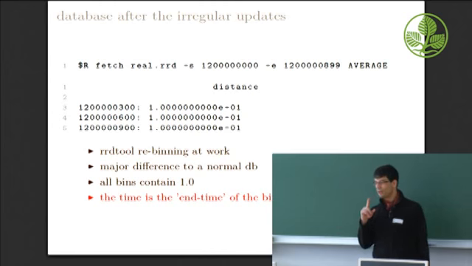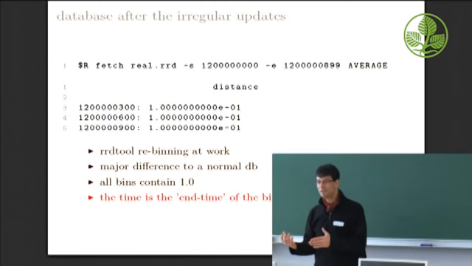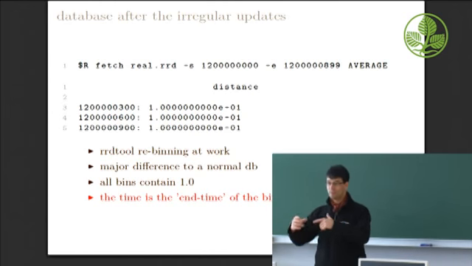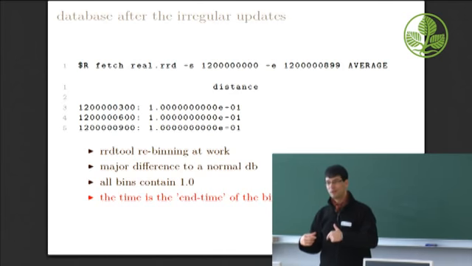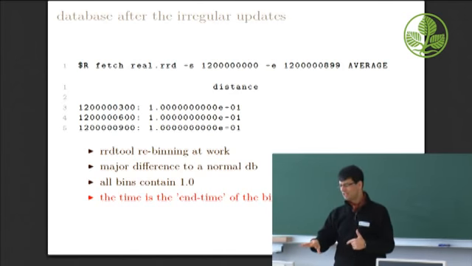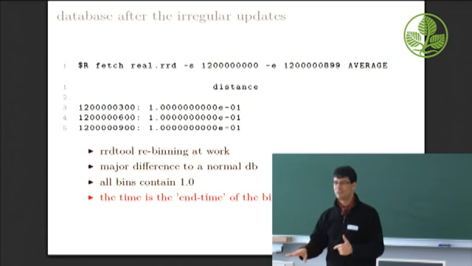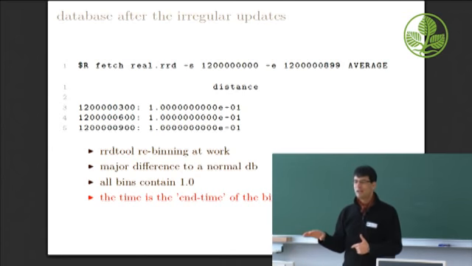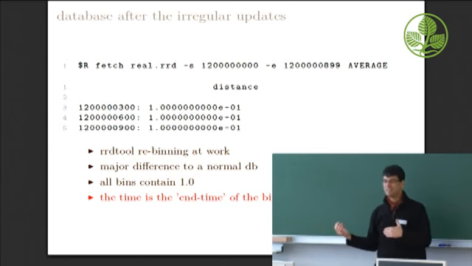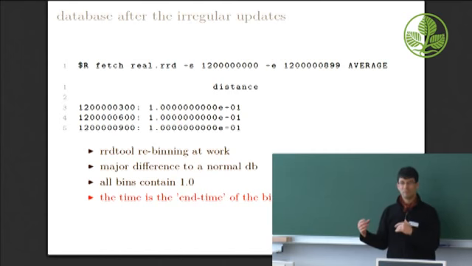There's a performance penalty when you do that, because you have to start up RRDtool every time, which for fetch won't make such a big difference, because RRDtool will be cached by the OS, and therefore starting it up will not make much of a difference.